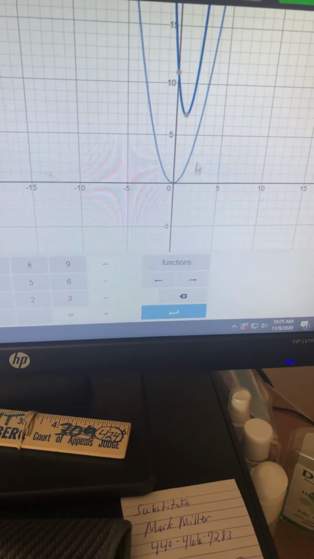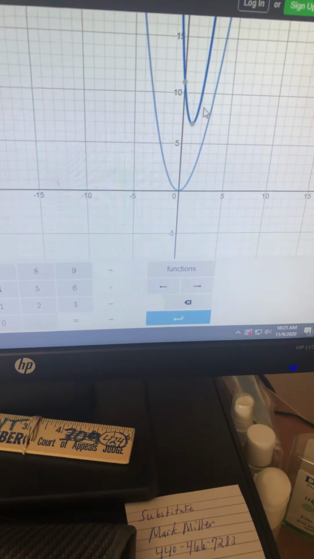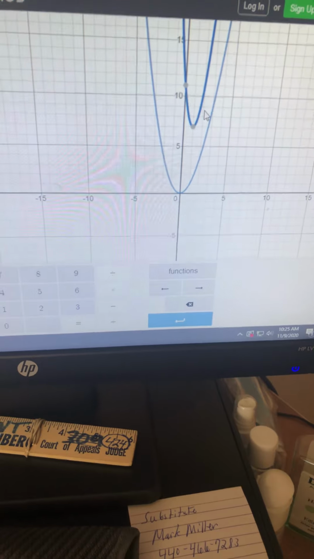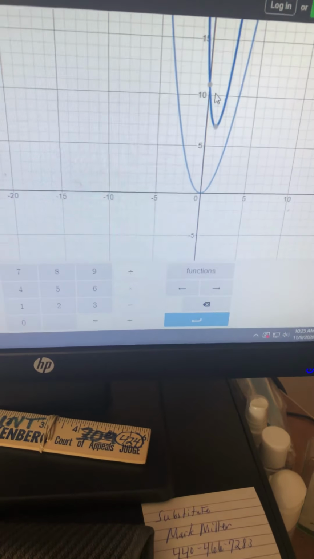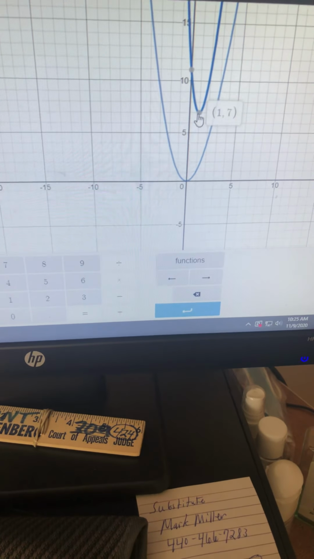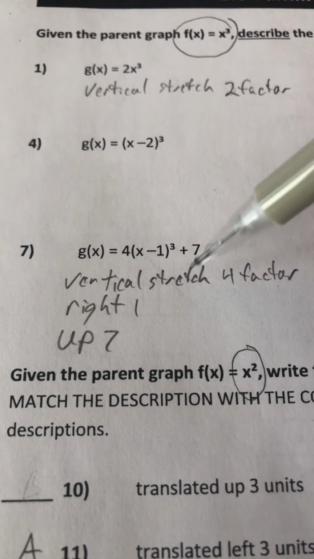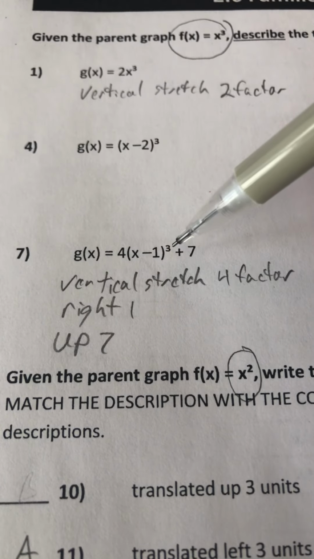This is the parent function, x squared, and this is the function that I put in there. It went up 7, had a vertical stretch of a factor of 4, and shifted right 1. So that was similar to your number 7: the vertical stretch of factor of 4, right 1, up 7, but this would be cubed.